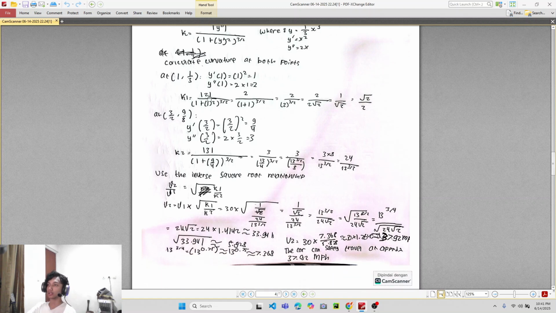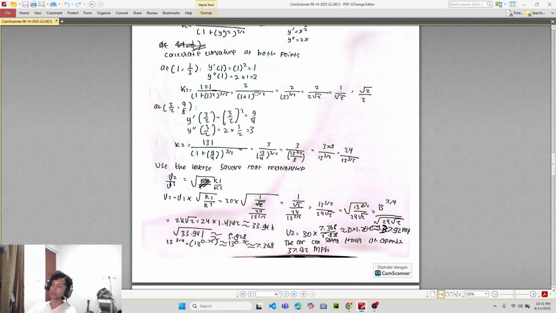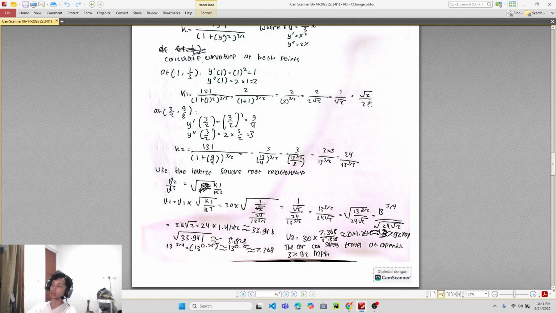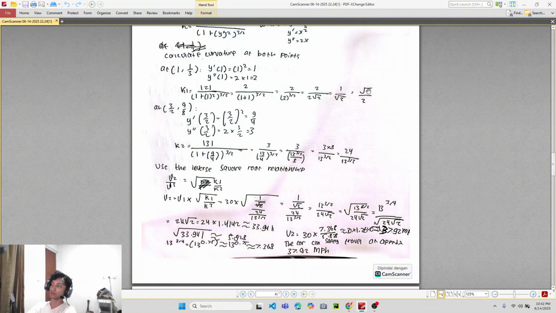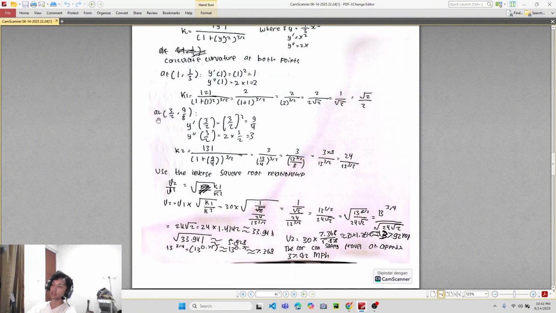K1 is the positive of 2 over (1 plus 1 squared) to the power of 3 over 2, so it will be 2 over (1 plus 1) to the power of 3 over 2, and then 2 over 2 to the power of 3 over 2, which is 2 over 2 root 2, 1 over root 2, and because the root cannot be in the bottom, we just use root 2 over 2.